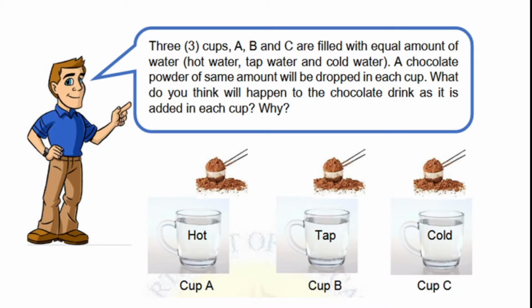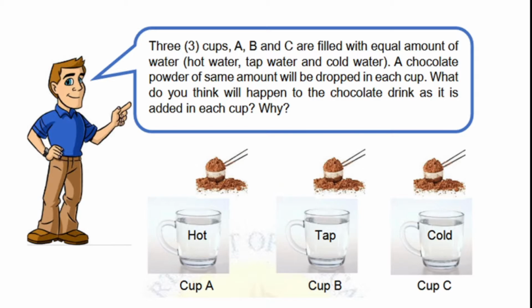I think we have three possible answers here. I will read them for you, and you will decide which is the best answer. One student said the chocolate powder will dissolve fastest in cold water and is slowest in hot water.